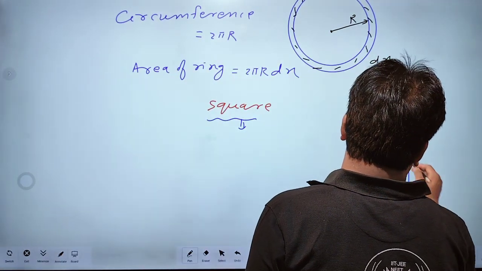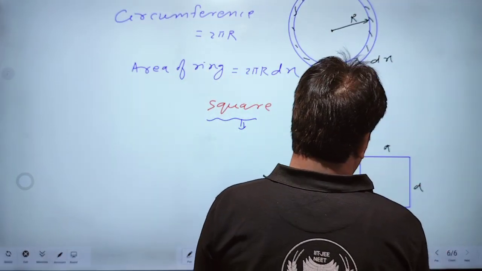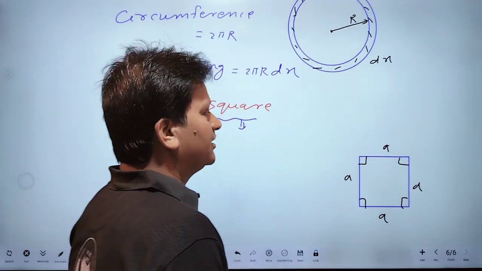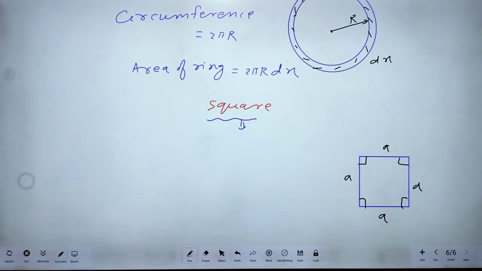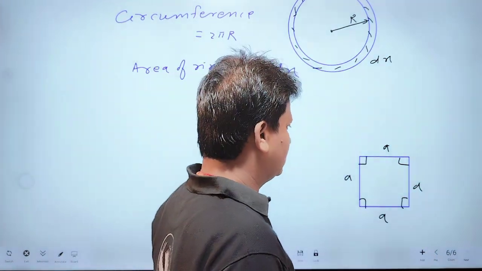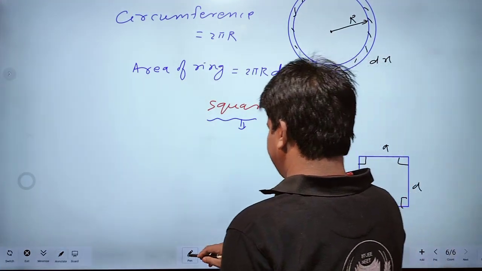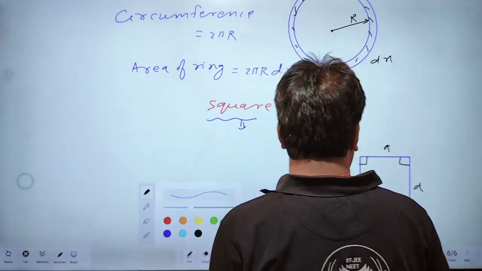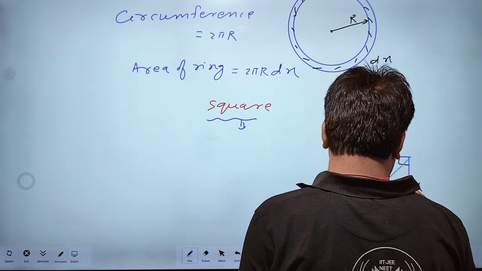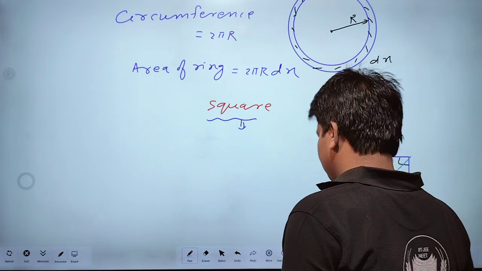This is A. Each angle is 90 degree. All sides are equal. And diagonals intersect perpendicularly.